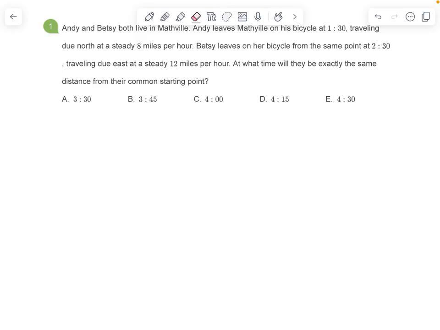So when Andy and Betsy are at exactly the same distance from the starting point, let's assume that Betsy has traveled x hours. Accordingly, Andy would have traveled x plus 1 hours.